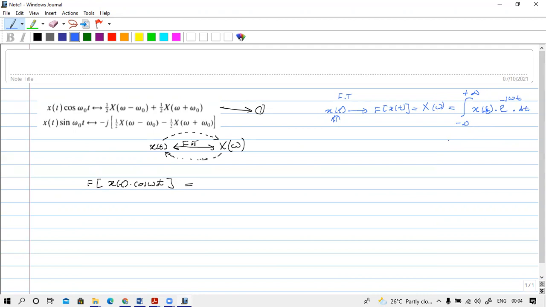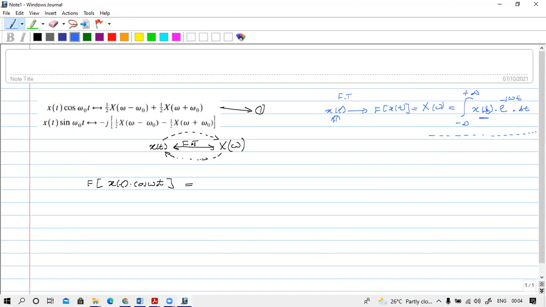So this is the identity for evaluating the Fourier transform, or frequency domain signal, of any time domain signal xt.